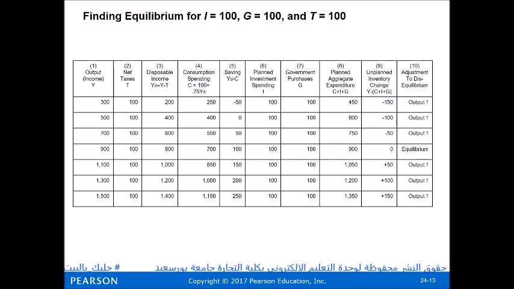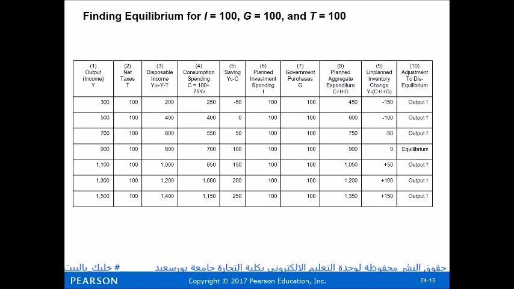Why is this the case? Because we subtract 100 from 300, so we get the level of disposable income, which is 200. If we move next to a value of Y of 500, we will find that the level of disposable income is going to be 400. We get 400 by subtracting 100 from 500.